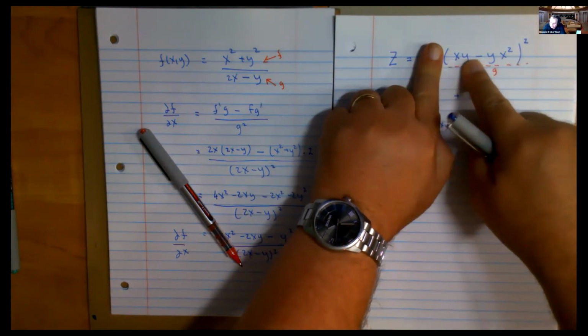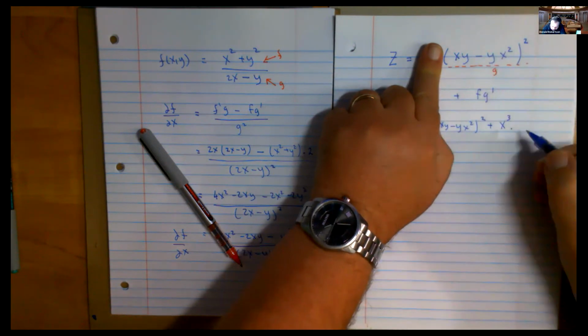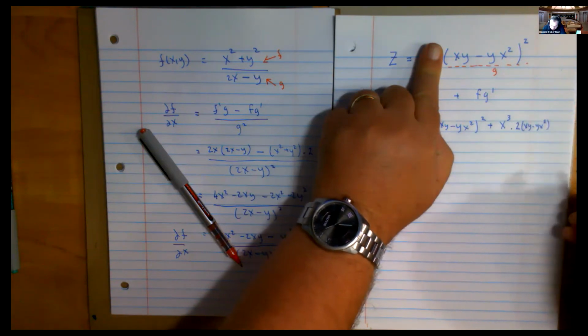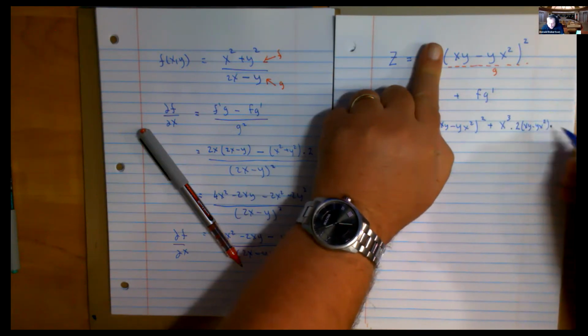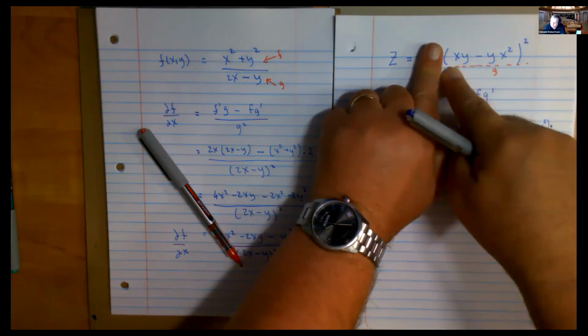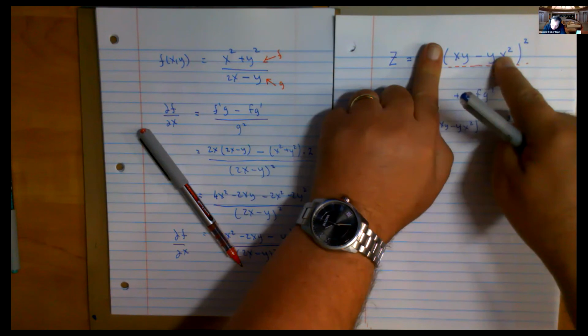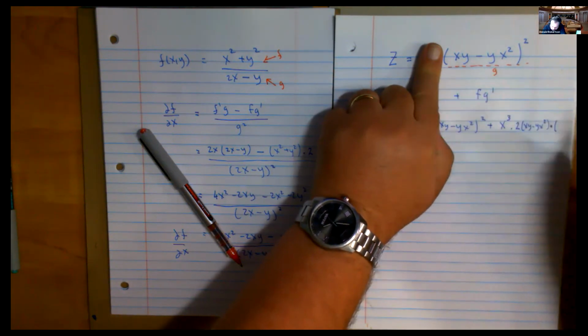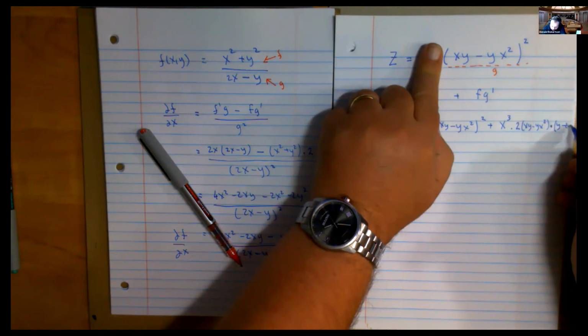It's basically a chain rule, something squared. So that's going to get you 2 lots of this something, to the power of 1, but also times the derivative of this with respect to x, and the partial derivative of this with respect to x is y take away 2xy.